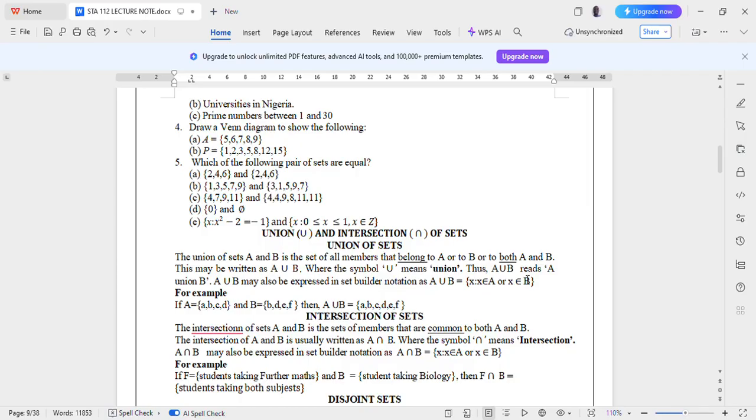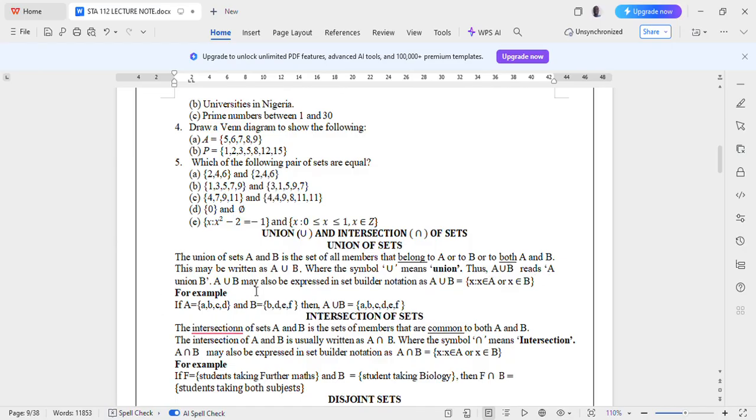The union is the coming together of family A and family B to become one. That is union of sets. Elements in A and elements in B come together, mixed together. That is the union. It may be written as A ∪ B, where the ∪ means union. You can see this ∪ is quite different from the universal set.